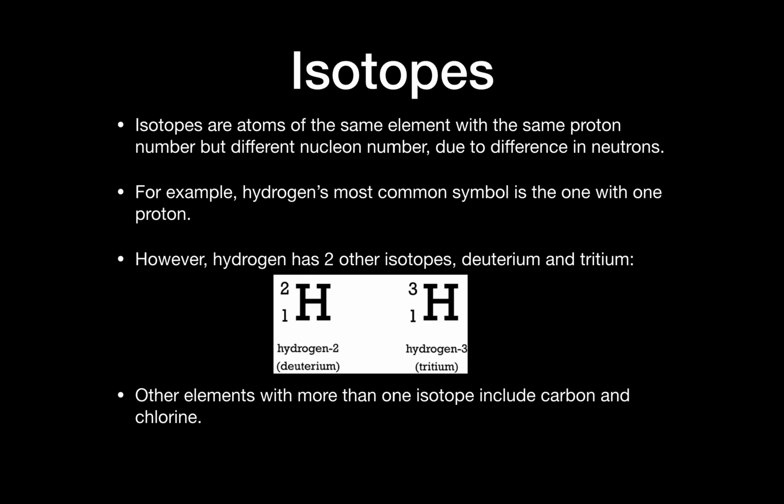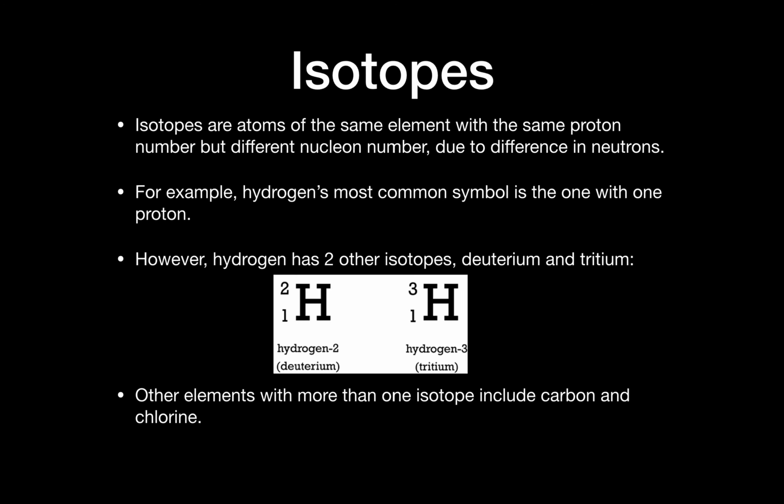However, it has two other isotopes, deuterium and tritium. Deuterium has one proton, one neutron, and one electron. Tritium has one proton, two neutrons, and one electron. So the most common hydrogen isotope has zero neutrons, deuterium has one neutron, and tritium has two neutrons.